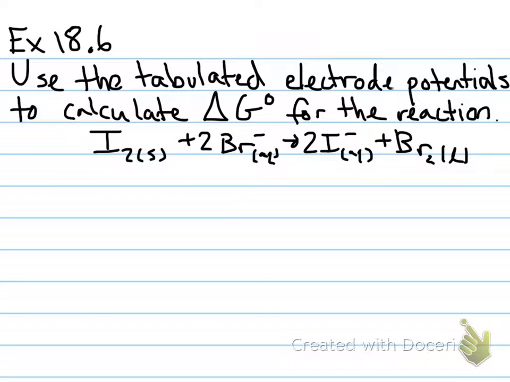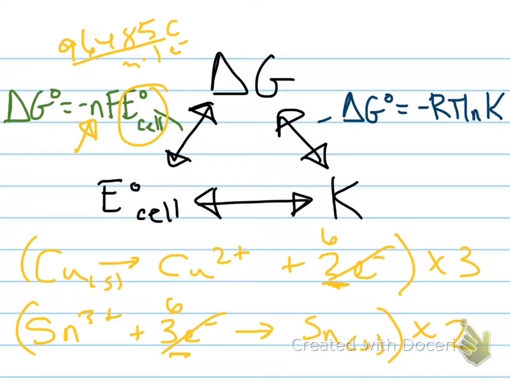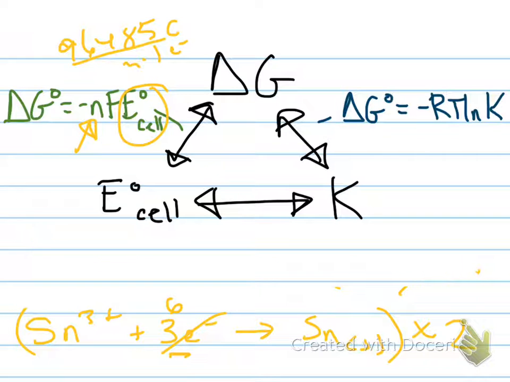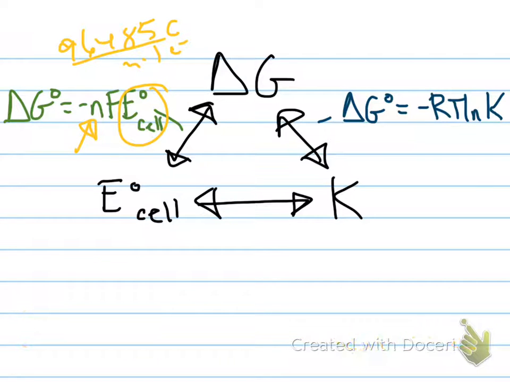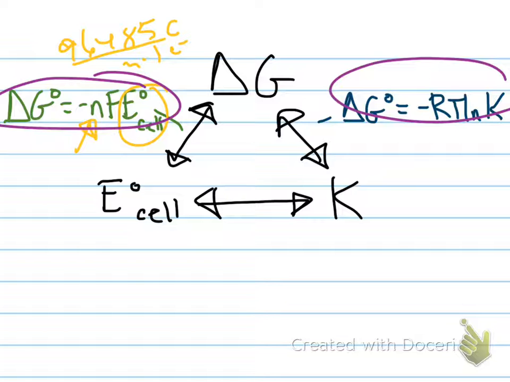So let's try an example of this. Before I do that, let's figure out the relationship between our E cell and K given these relationships. If we know that our delta G is equal to negative NF E cell, and our delta G is equal to negative RT ln K, we can set these two equations equal to each other.